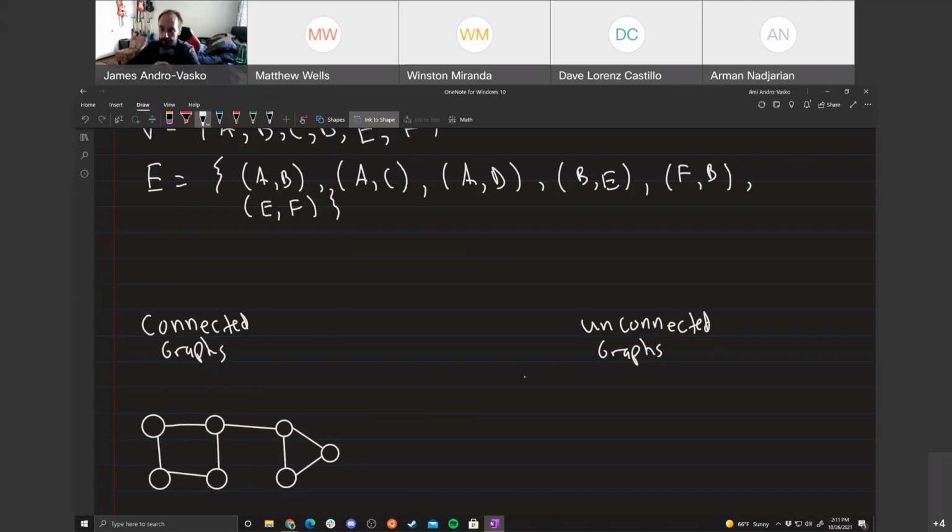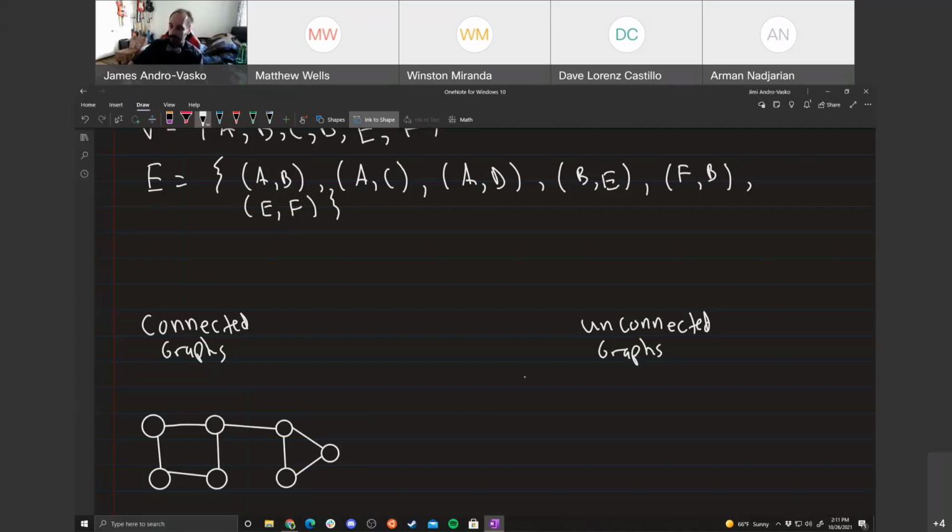So it's one graph and everything is connected to each other. In this graph, everything's connected, and of course we can make it undirected or directed, it doesn't matter.